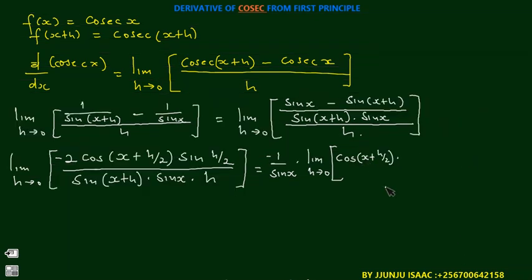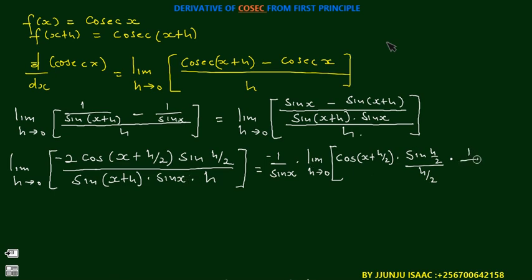Yes, we continue. Now we also have sine h over 2, but there is a 2 here, don't forget it. So I can write sine h over 2 over h. I'm just rearranging, so this 2 and this h combined, then I'm left with sine x plus h.